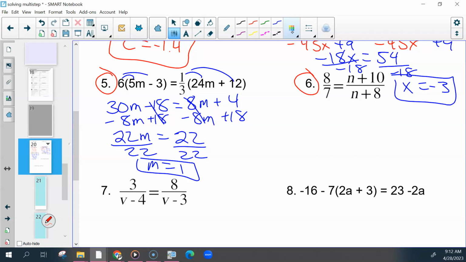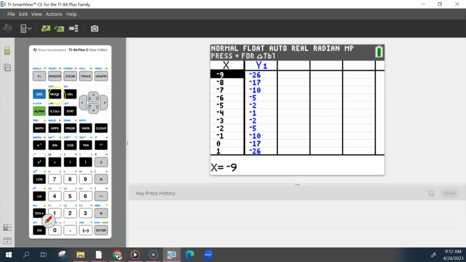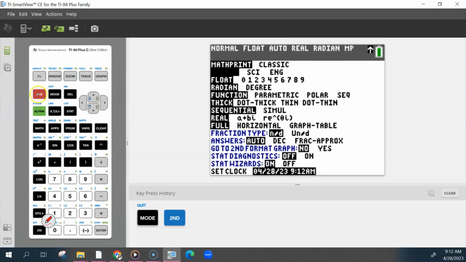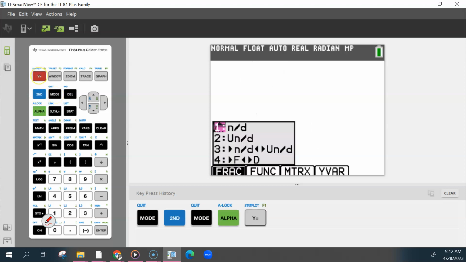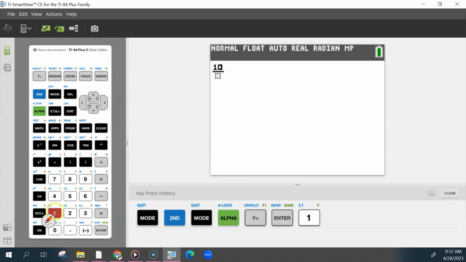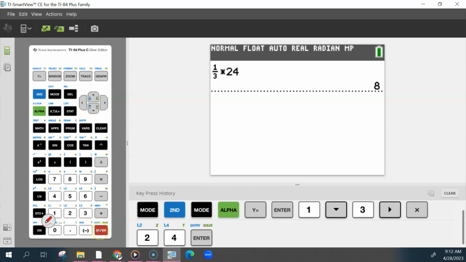So you can do that in your calculator. Alpha, y equals. Alpha. To get your fraction, and then multiply it. Okay.